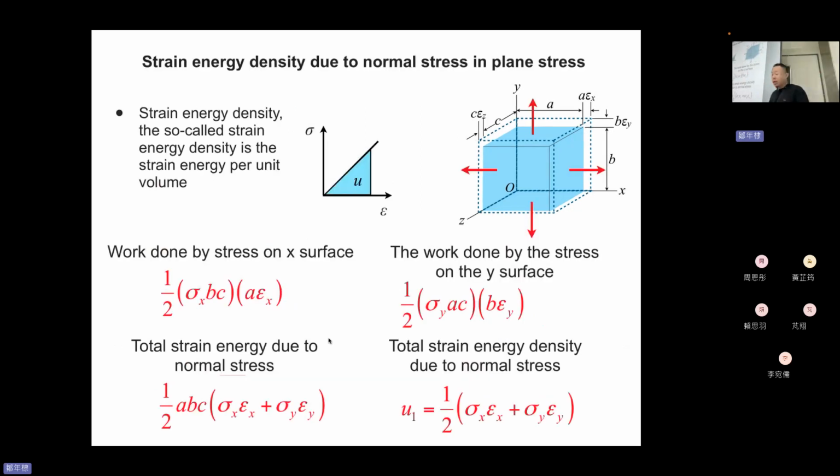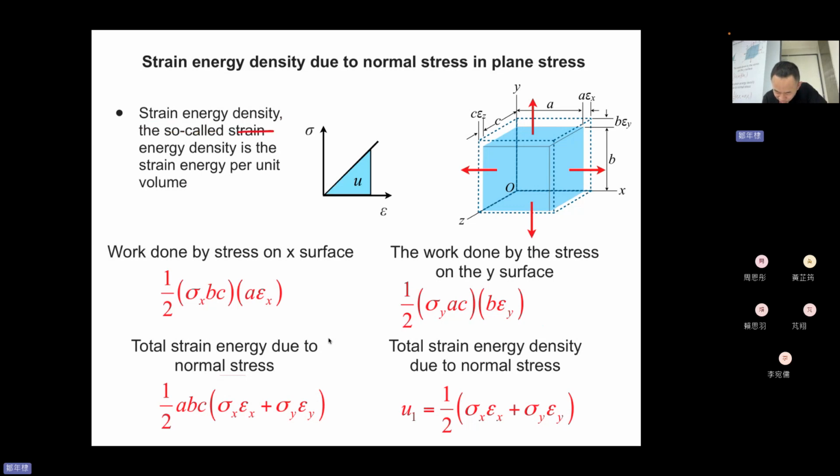And then we can talk about the strain energy because we have strain on that element, right? So strain energy density due to normal stress in plane stress. Yeah. So strain energy density. Oh, wow. You see, there's a redundancy here.